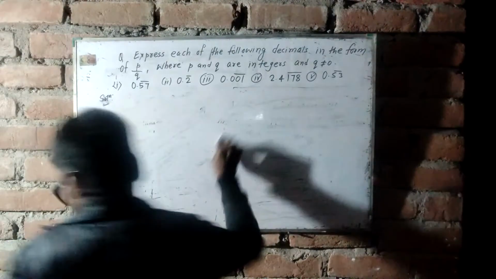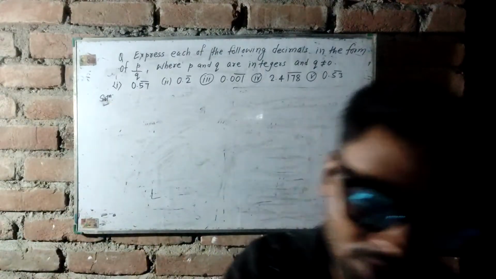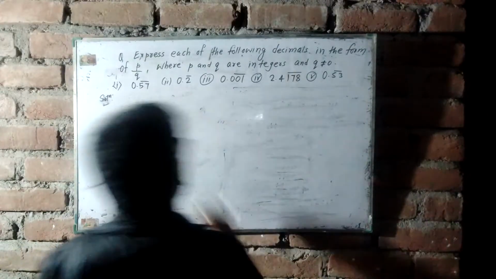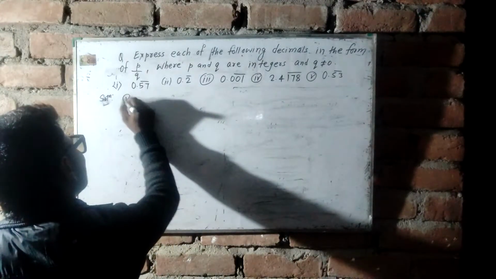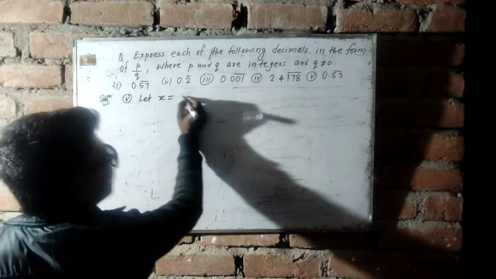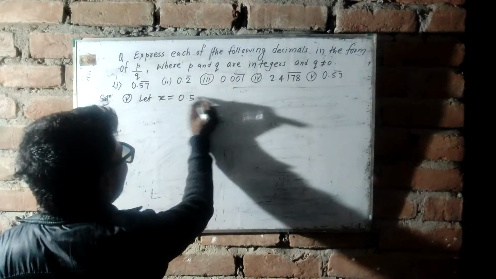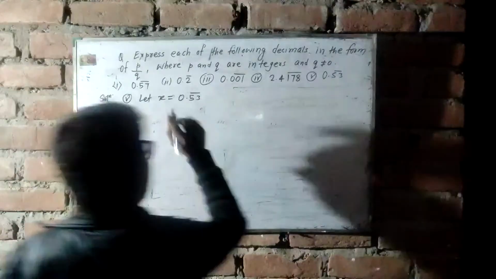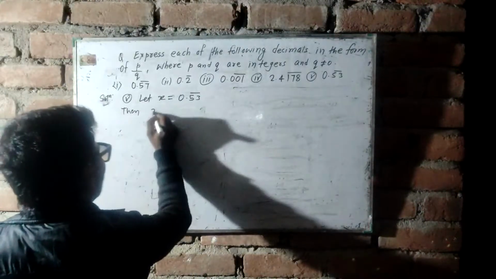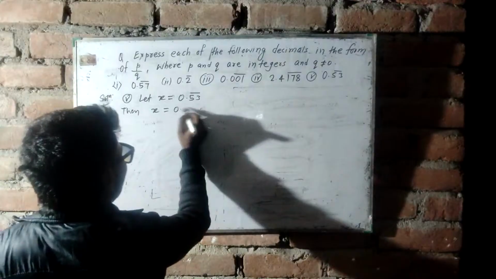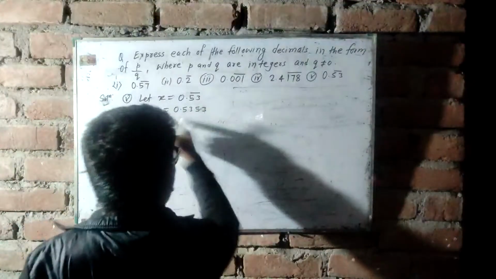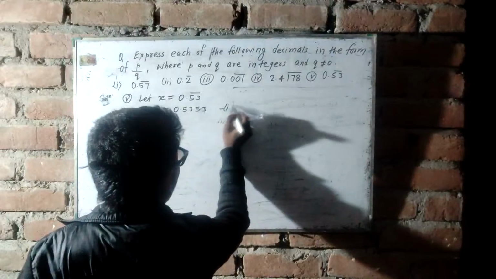Now have a look, guys. Next questions. Question number 5. Let x be equal to 0.53 repeating. Then we can write x equal to 0.5353 and let this expression be equation first.